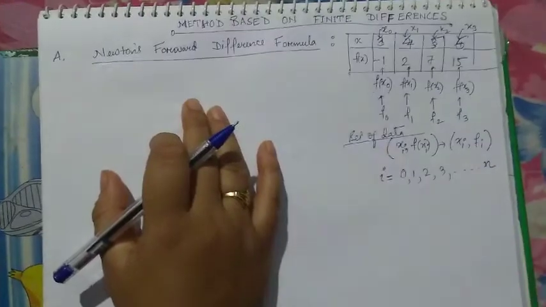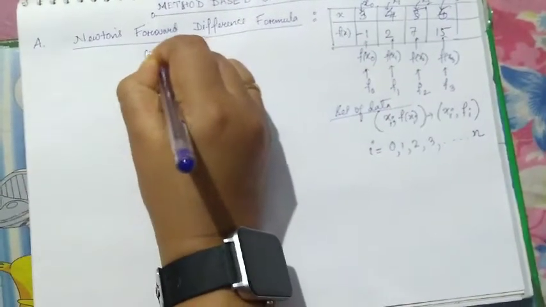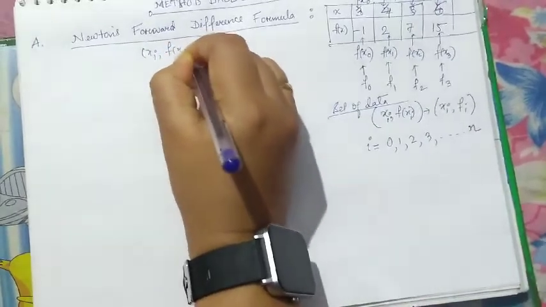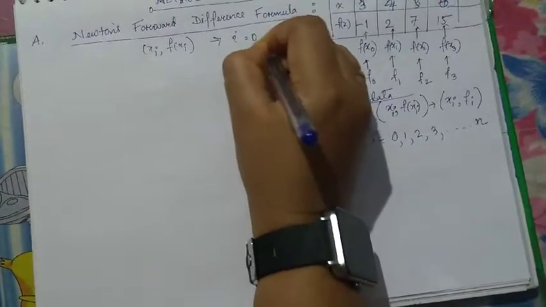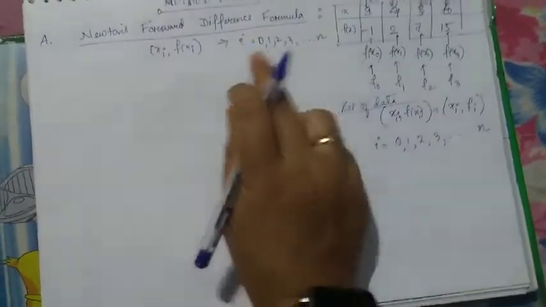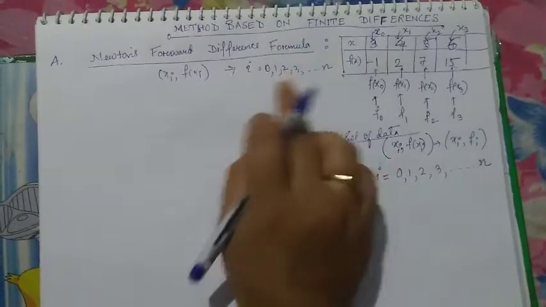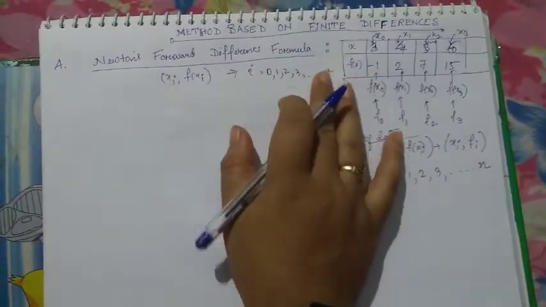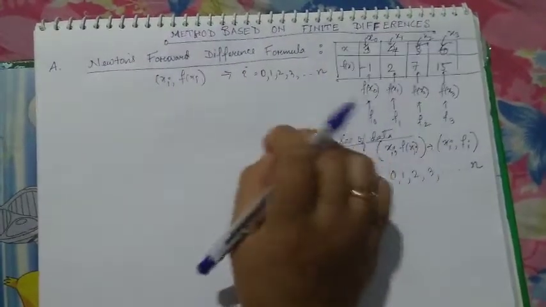For this, we will consider that you have been given a set of data xi, f(xi), where i goes from 0, 1, 2, 3 up to this. Remember, writing these things is very important. If you think that you will skip all this, it's not like that. You are writing a mathematical document, you need to be careful about every dot and comma you are using.